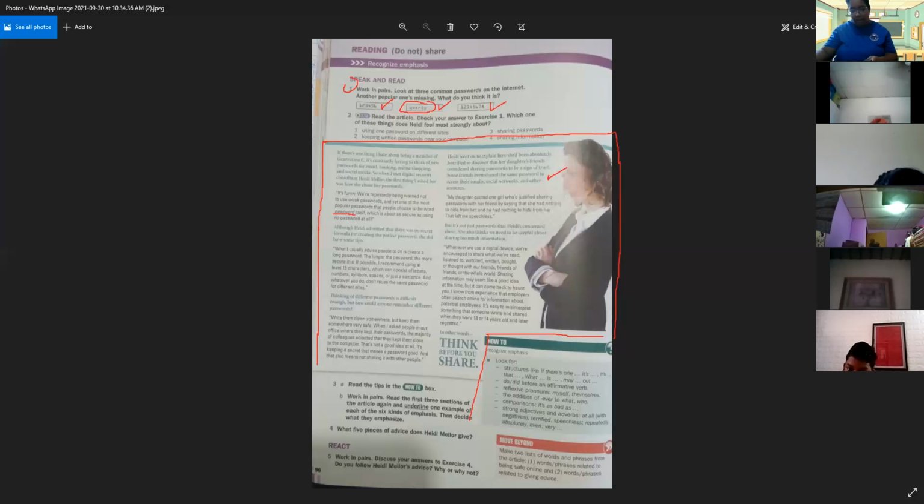Sharing information may seem like a good idea at the time, but it can come back to haunt you. I know from experience that employers often search online for information about potential employees. It's easy to misinterpret something that someone wrote and shared when they were 13 or 14 years old and later reread it. In other words, think before you share, ¿ok?